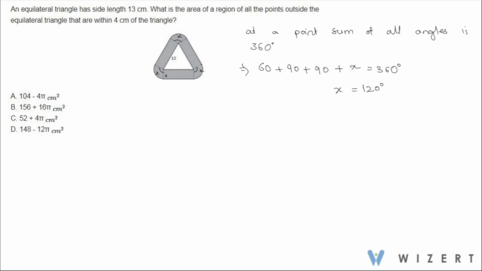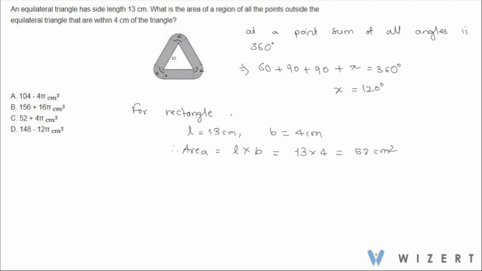For this rectangle, length equal to 13 centimeters and breadth equal to 4 centimeters, which is given. And we can therefore calculate area equal to length into breadth equal to 13 into 4, which is 52 centimeters square.